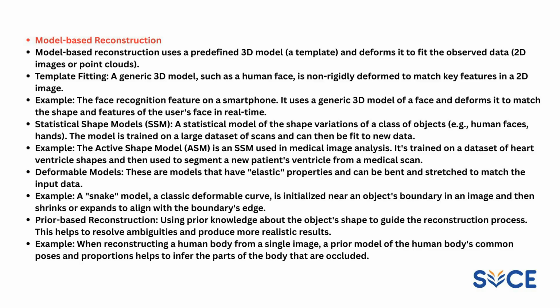But if the system has prior knowledge, like it knows human arms usually attach here, bend this way, and have this length, it can fill in the missing pieces. This is critical in applications like reconstructing full 3D bodies from an image, or even generative avatars in virtual reality.